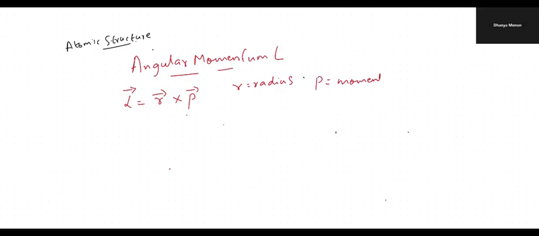And momentum is also given by mv. So we can also write this as r cross mv, which gives rmv sine theta.